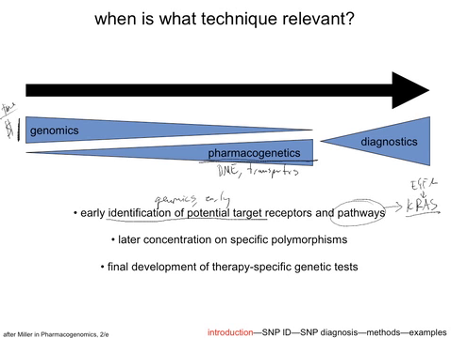But of course, there are other examples of how we need to pay attention to polymorphisms in the individual patient and how that affects the drug disposition. After that drug has made it to market, of course, before it makes it to market, but the diagnostic tools become mostly relevant post-market, and so we're going to be looking at therapy-specific genetic tests for use late in the process.